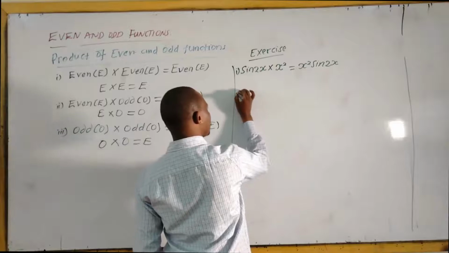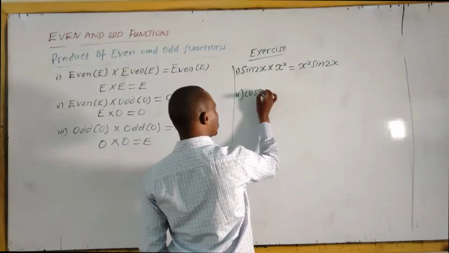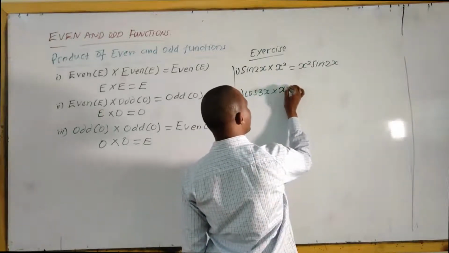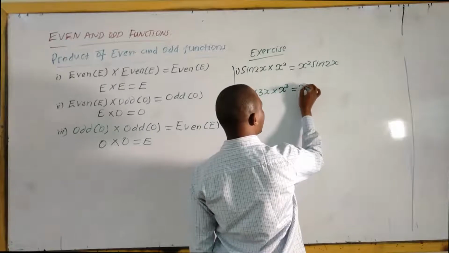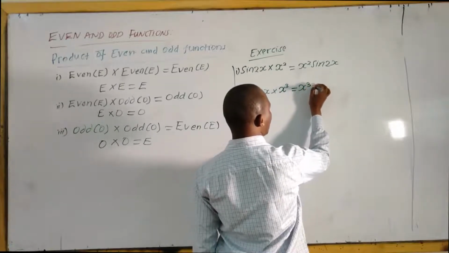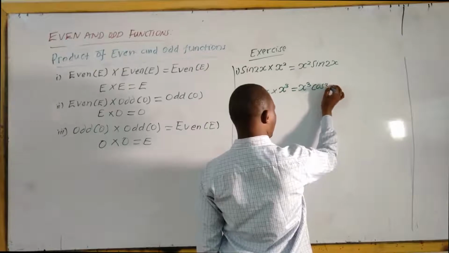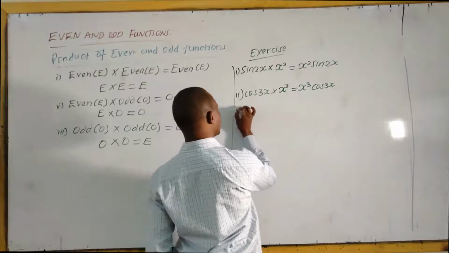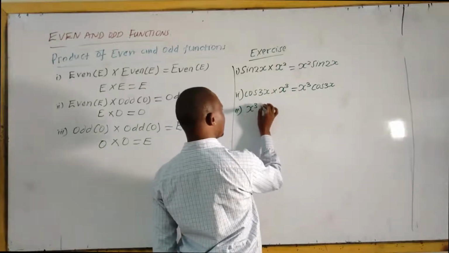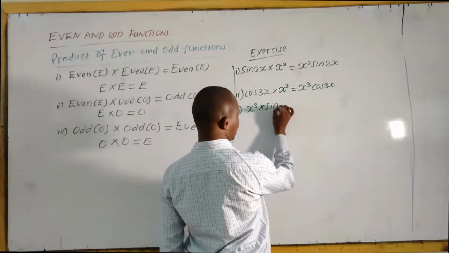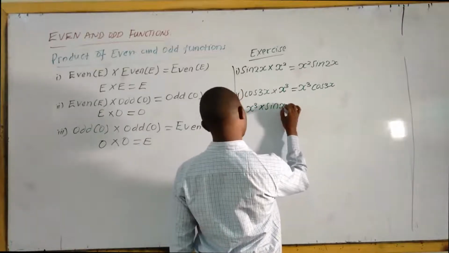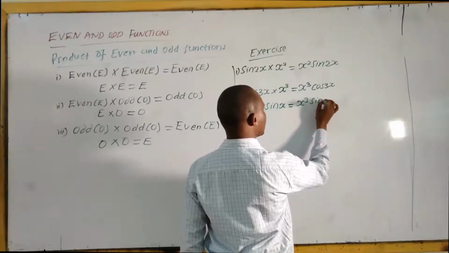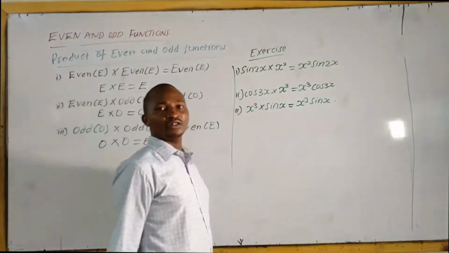Let us multiply cos 3x times x cubed, that we get x cubed cos 3x. Is it odd or even? Let us multiply x cubed times sin x, so we get x cubed sin x. Is it odd or even?